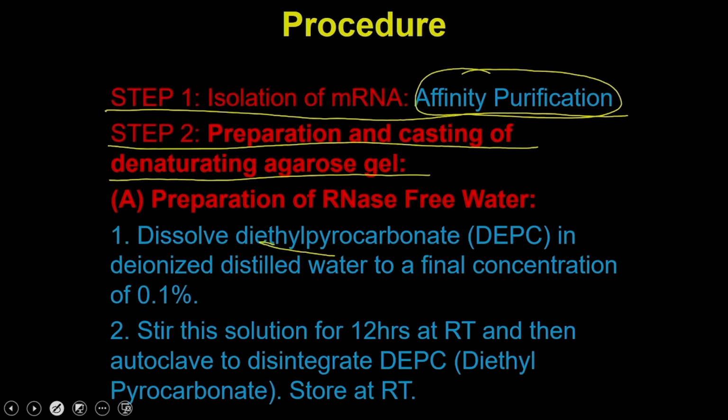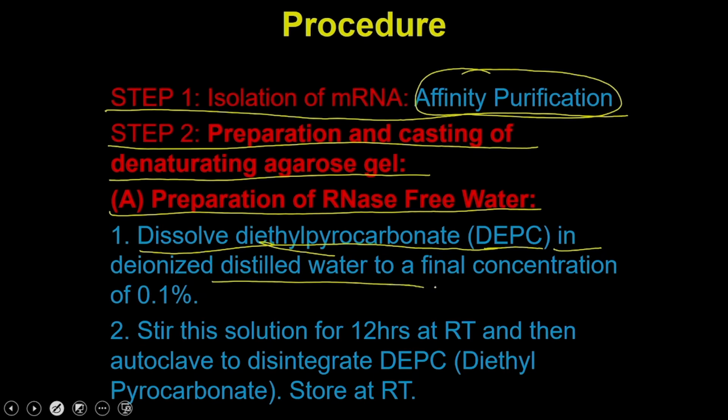In step 1 you have to prepare RNase free water. RNase free water is prepared by simply dissolving diethyl pyrocarbonate, or DEPC, in deionized distilled water to a final concentration of 0.01%, and DEPC is a strong inhibitor of RNase.